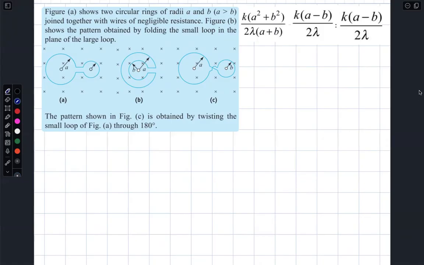Figure shows two circular rings of radii A and B. Okay, fine. Figure shows the pattern obtained by. What to find in this?